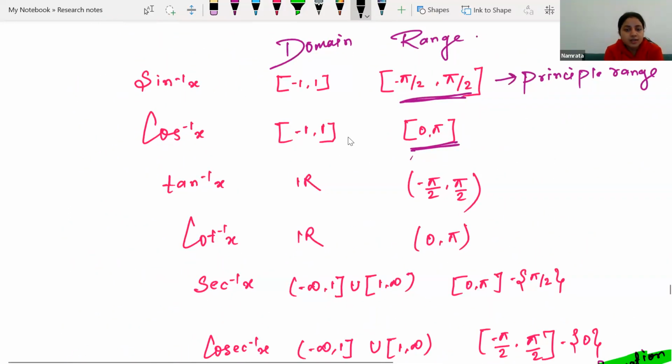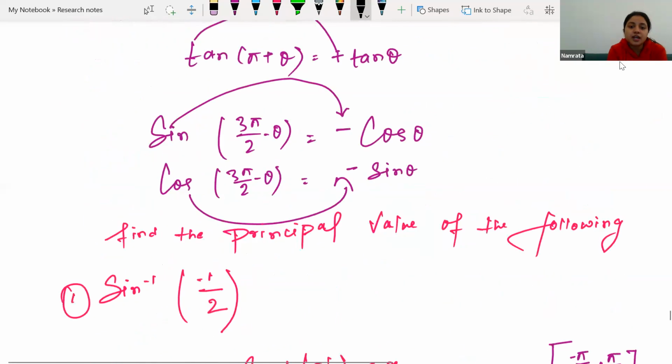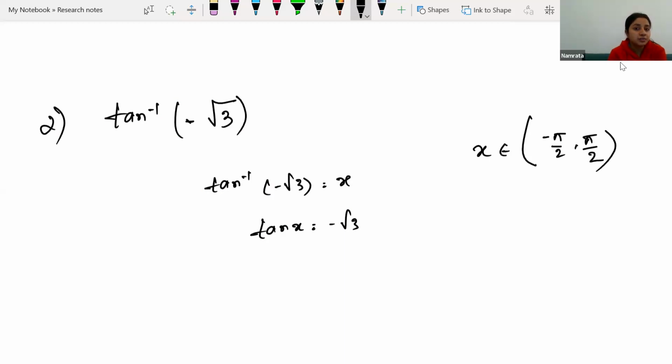You have understood the concept, but you should learn it also. So for tan inverse x, the range or the output must lie between minus pi by 2 to pi by 2, open interval. Whatever result we get from here must lie in between minus pi by 2 to pi by 2. Our x must be lying in this range.